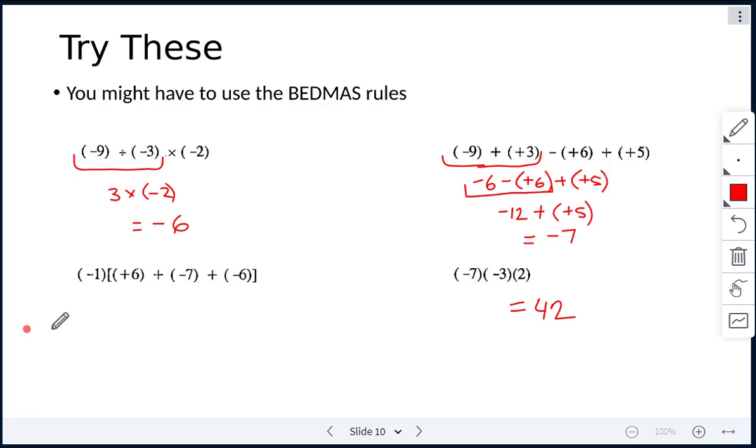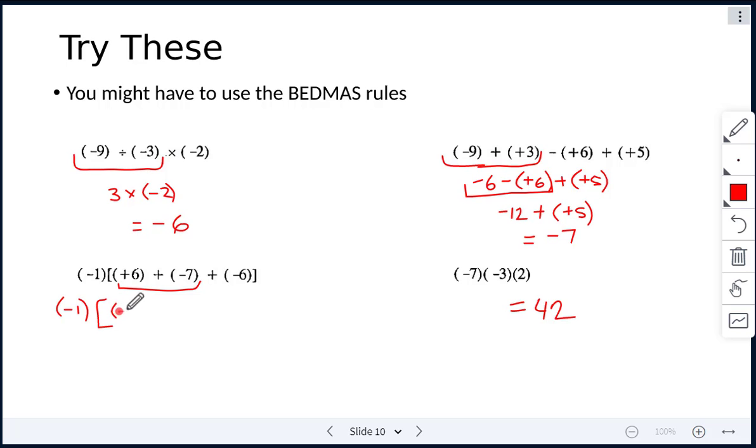All right, with this example, we have a negative 1. We're just going to keep that negative 1 on the outside. And then in brackets, we have 3 integers. So we're going to do the first two. Positive 6 plus negative 7, that gives me negative 1.